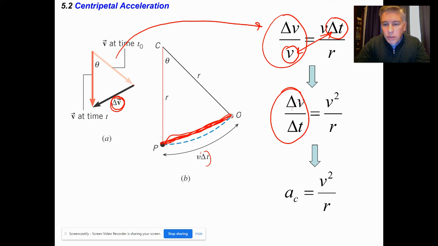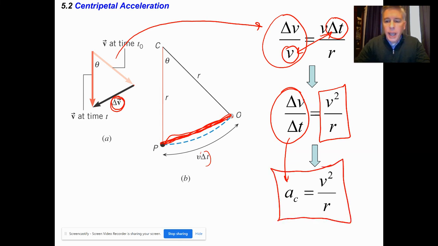Because this equation is important. The change in velocity over the change in time is the equivalent of acceleration, and what I'm showing is that it's equivalent to v squared over r. I come up with a brand new acceleration. Rather than delta v over delta t, since I don't actually have a change in speed, I actually have a change in direction.